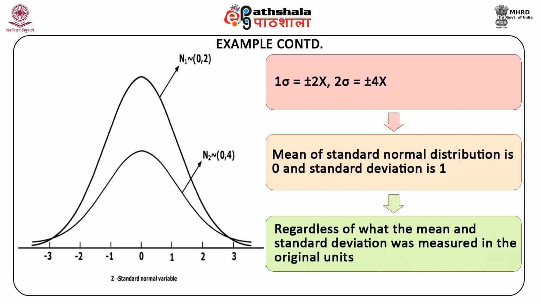Regardless of what the mean and standard deviations were measured in the original units of the normal distributions, that is, z is equivalent to N of 0, 1 always.